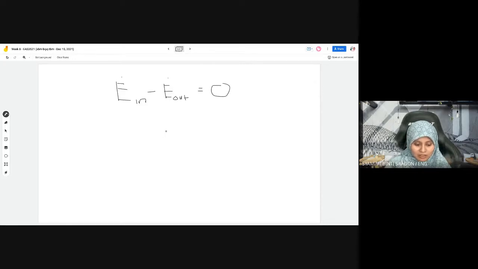The rate of change of the energy in the outlet. So at point 1, the mass is constant.